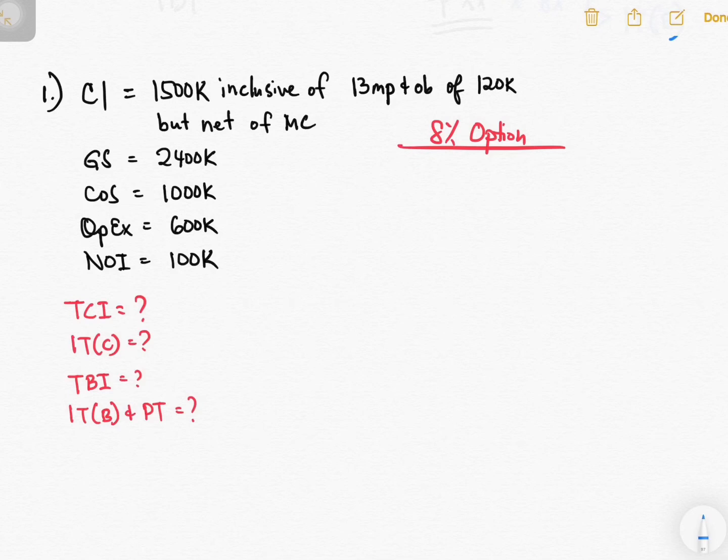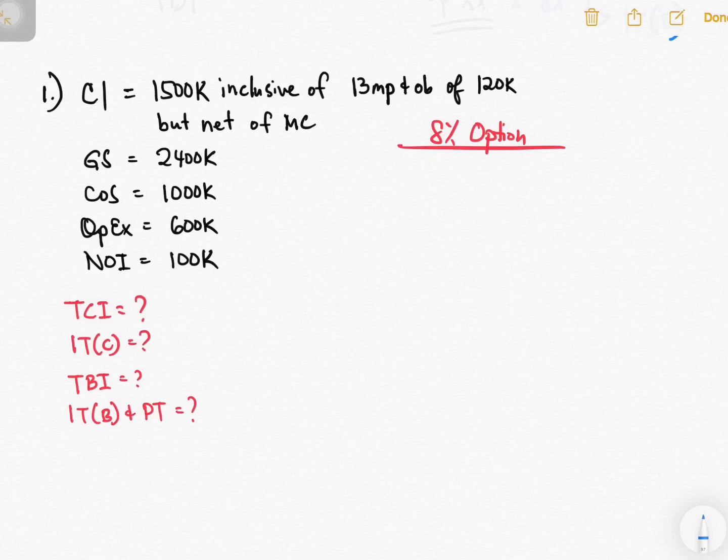Your task is to compute the taxable compensation income, income tax on compensation, taxable business income, and your income tax on business, as well as your percentage tax, provided that you are using the 8% option, which is available to those who are not able to exceed the VAT threshold.